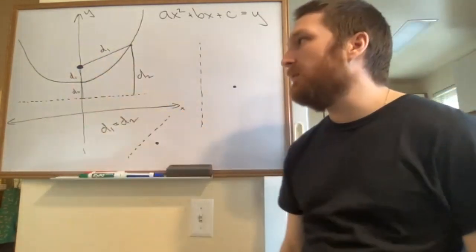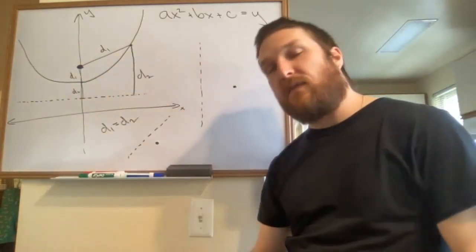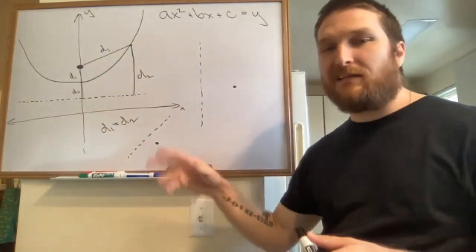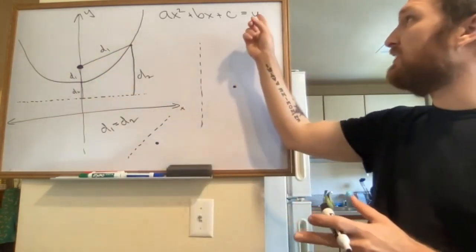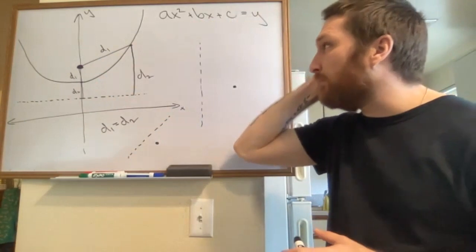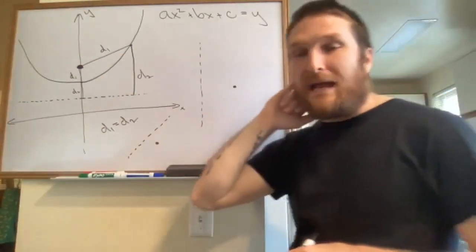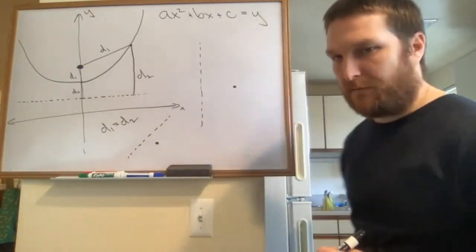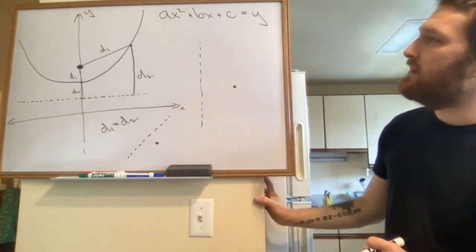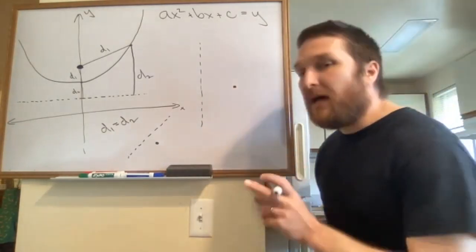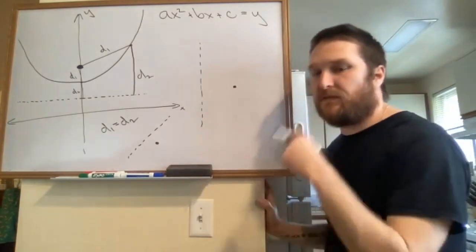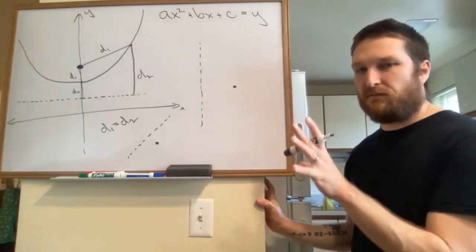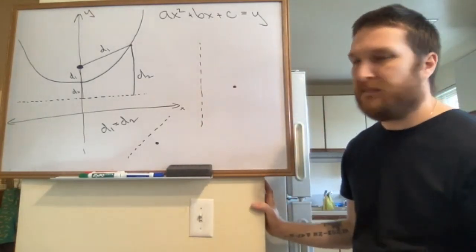This focus has certain properties. Given a parabola, you could find its focus. There's a few special ways of writing that, another way of writing a parabola that is not in this form. But really, you're never going to see that outside of this chapter and maybe a couple other chapters. The thing, though, is that just like with ellipses and with hyperbolas and with circles, those things weren't functions because they didn't pass the vertical line test.